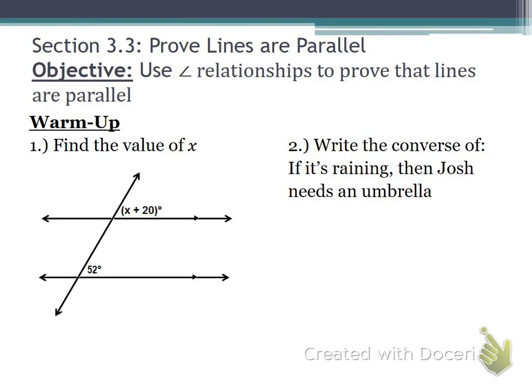All right, on number 1, how do we know that those lines are parallel already? The triangles on them. So if we're trying to find the value of x, what's my equation? Ataya? Good. Can anyone tell me why Ataya set them equal to each other?